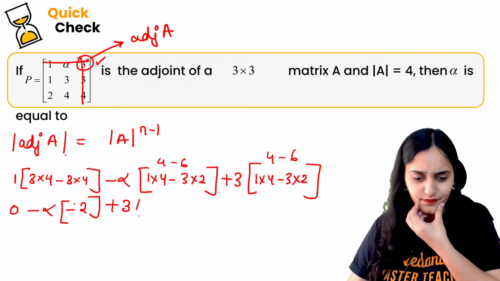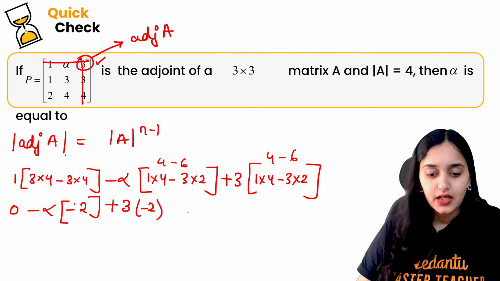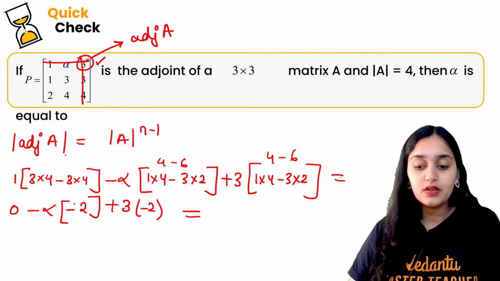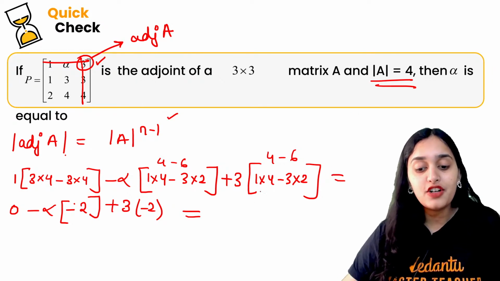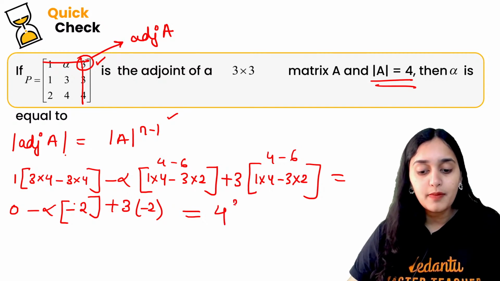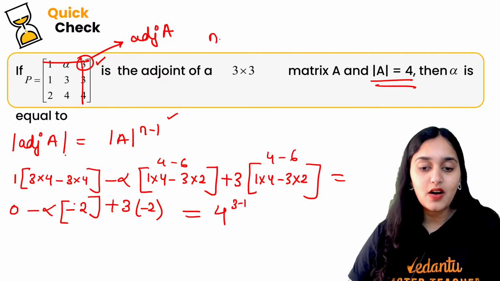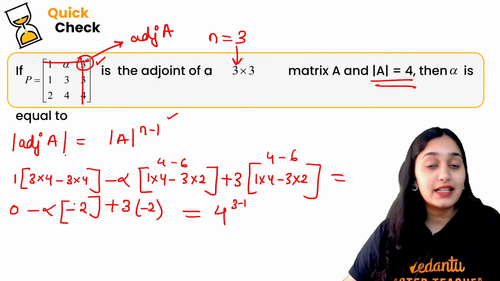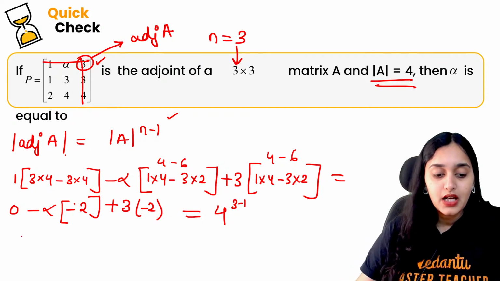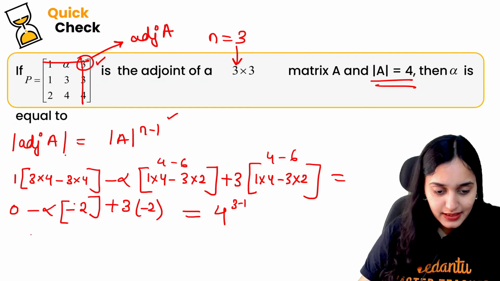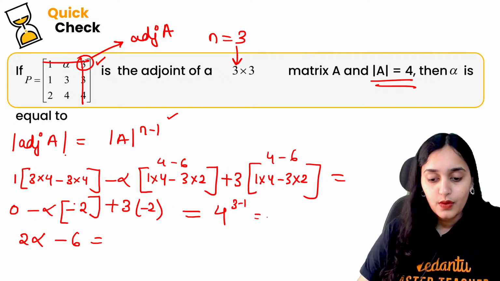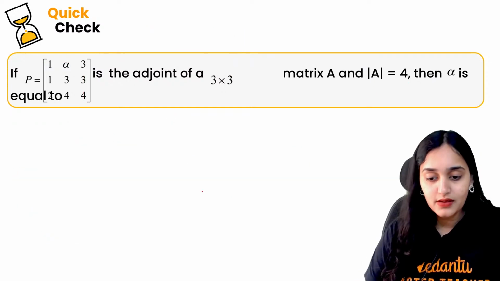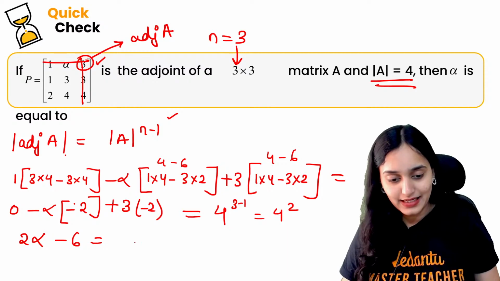Again minus 2. This is equal to determinant of A to the power of n minus 1. What is determinant of A? 4. 4 to the power of 3 minus 1. Why? Because n is equal to 3, it is a 3 cross 3 matrix. So we have here finally 2 alpha minus 6 is 4 square. What is 4 square? 4 square is 16.